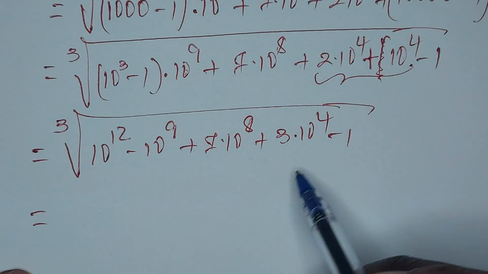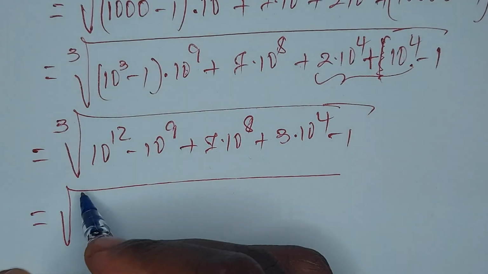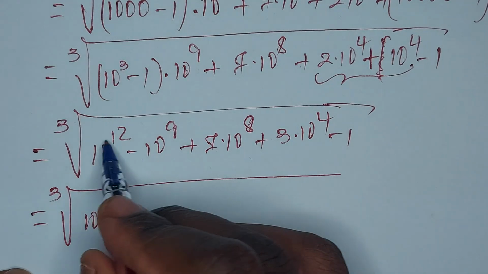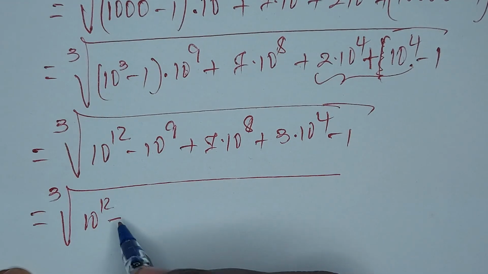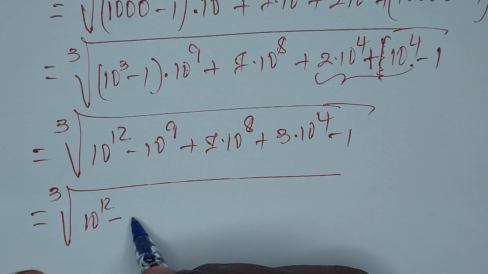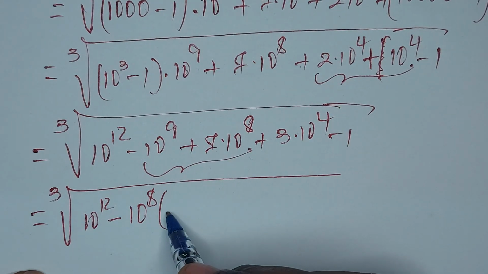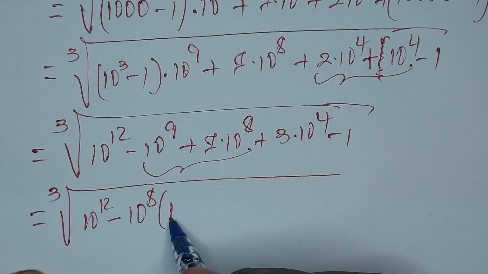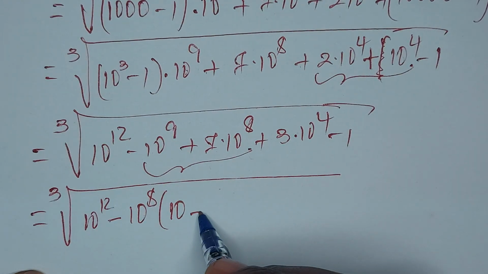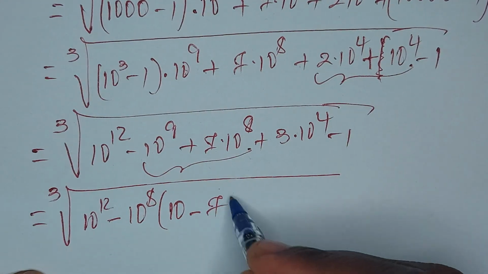So now I'm going to keep this 10 to the 12, minus 10 to the 8, and then I'm going to factor this one here. I'm going to have 10 to the 8 times 10, which is 10 to the 9, minus 7.